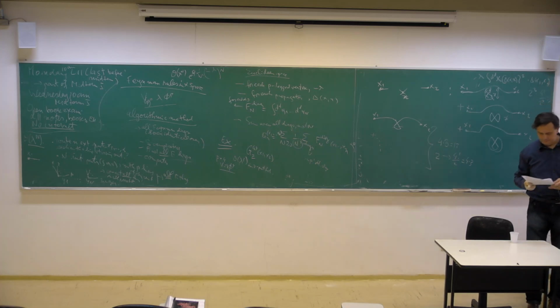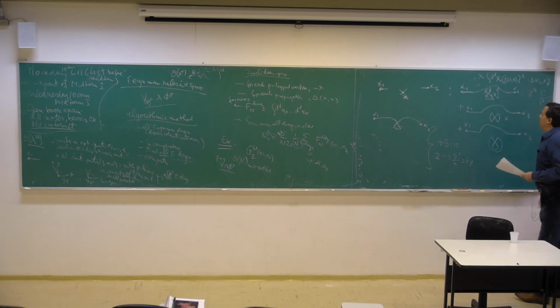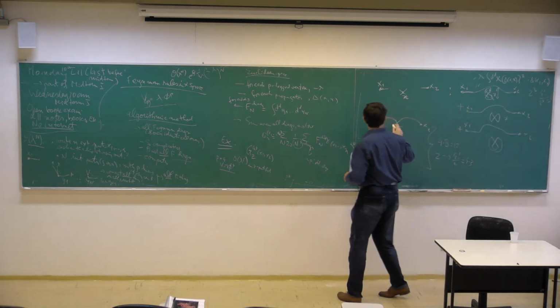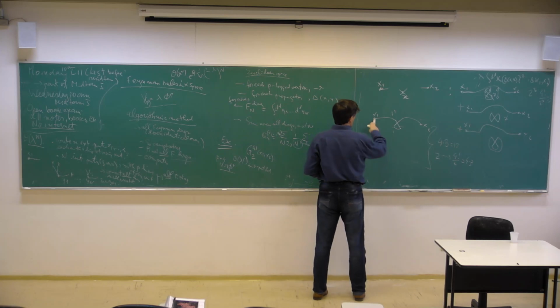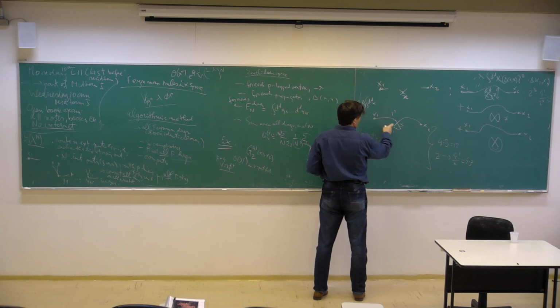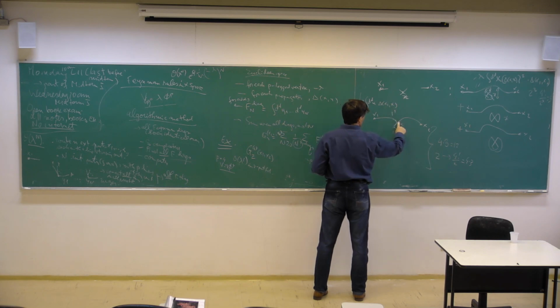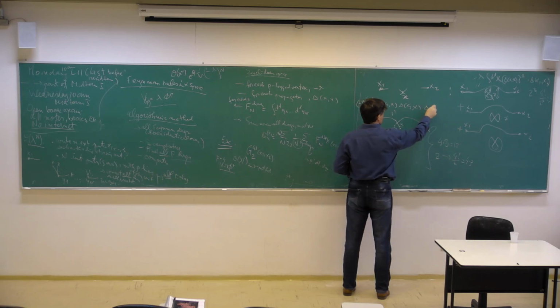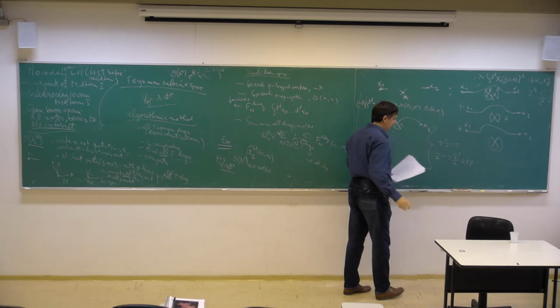Right. This is this diagram, and these others are identical, so the same result. And this diagram would be delta x1 x integral dx minus lambda, and then delta of x1 x, delta of x2 x, and delta xx. Right?